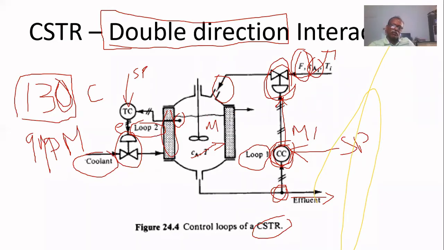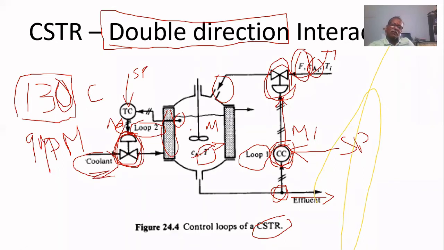As feed flow rate increases, temperature will fall. As feed flow rate decreases, temperature will increase. For both, the controller will take necessary action because the temperature is sensed here and compared with the set point. If any deviation is there, M2 controller output is generated to regulate this coolant flow rate.